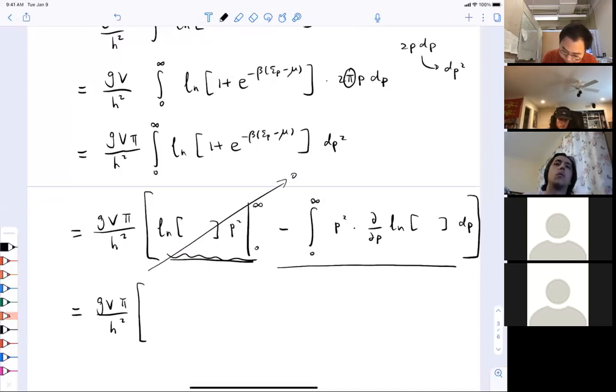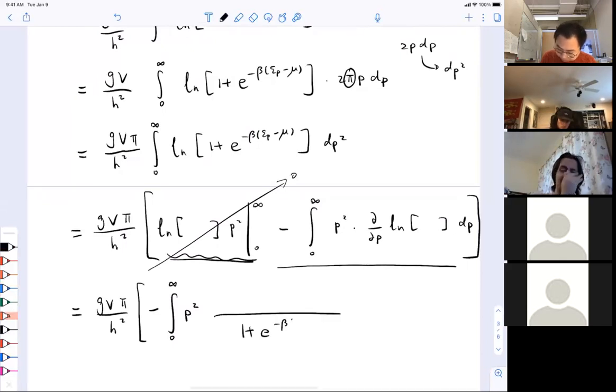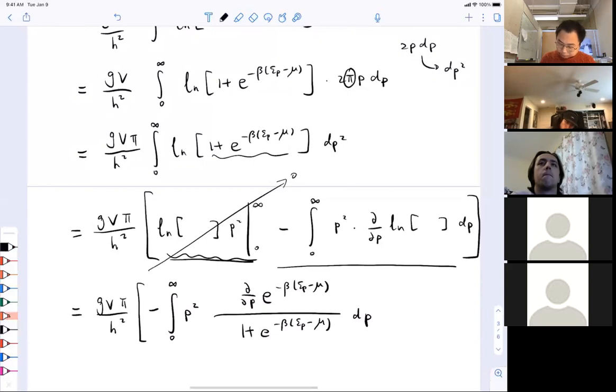So there's a minus sign, integration from 0 to infinity, p squared. Now we need to take this derivative. It's just a log function, right? We know this one. And now we also need to take a derivative for this argument, which is the chain rule. Something like that.